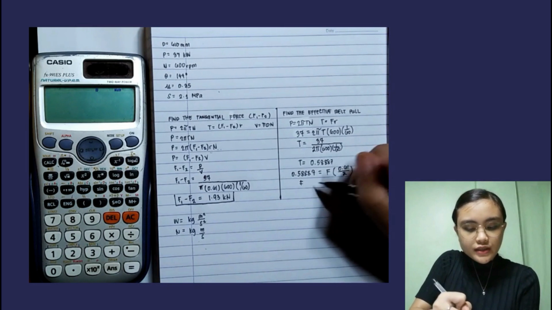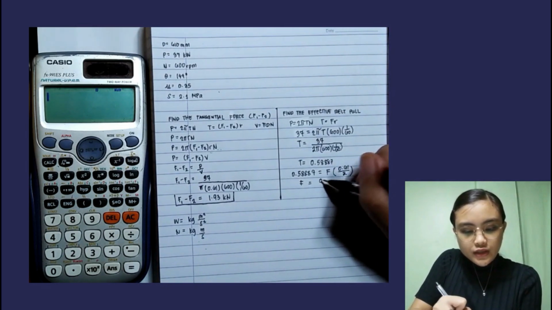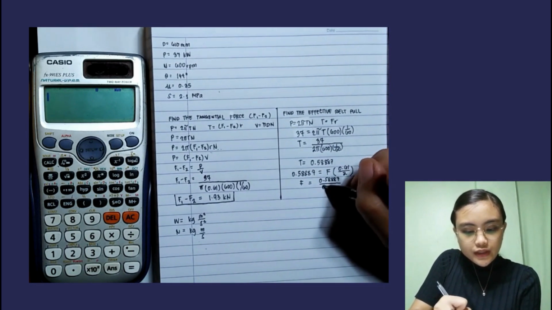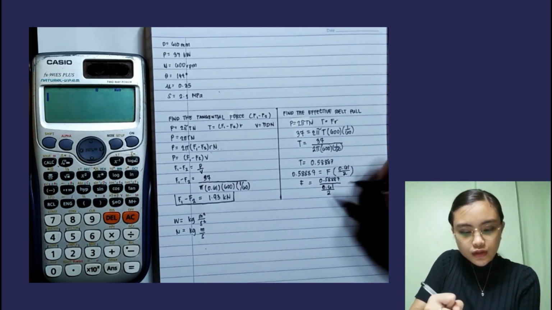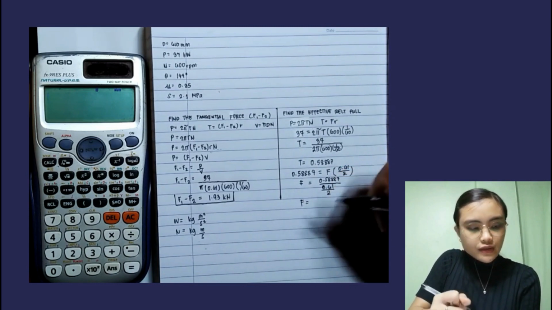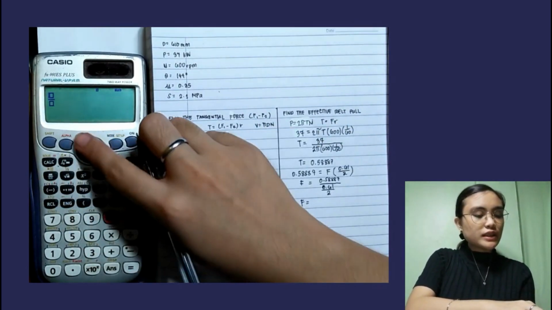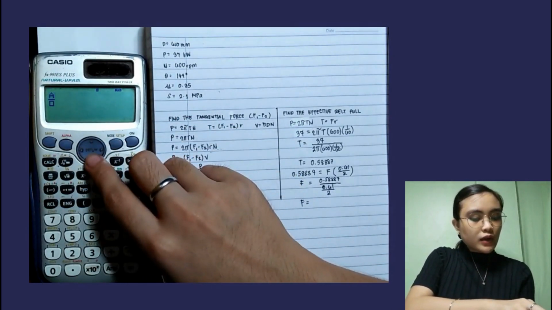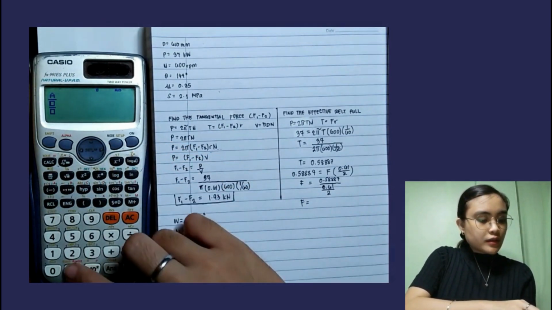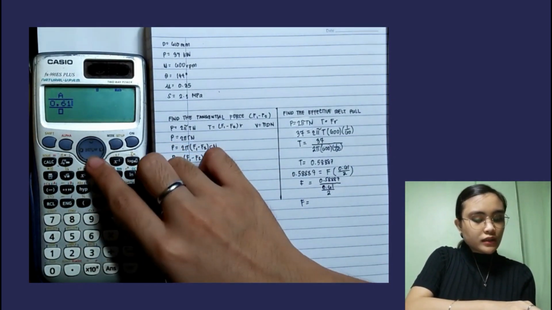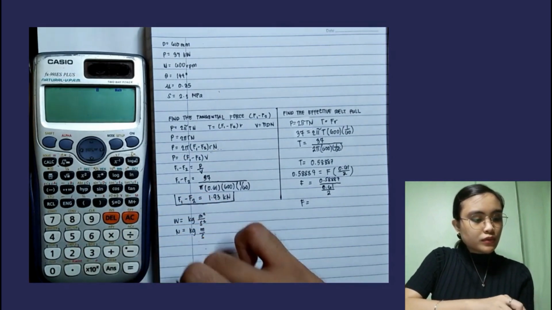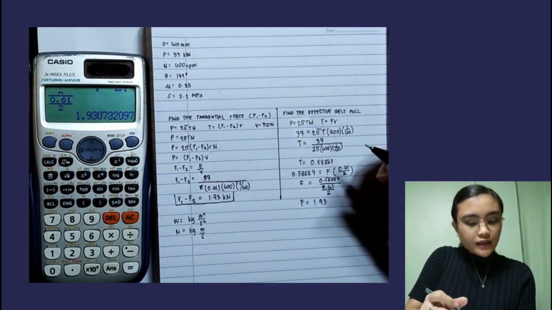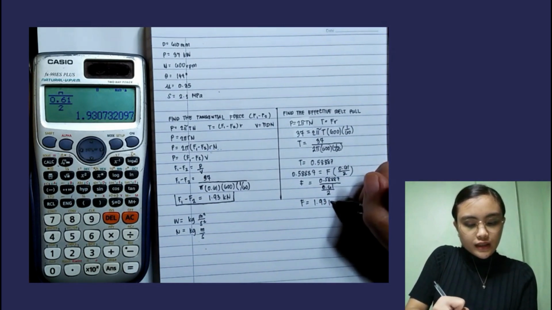So F is just equal to 0.58887 over 0.61 over 2. We will use now what we stored, so we have A over 0.61 over 2. So F is just 1.93 kilonewton.